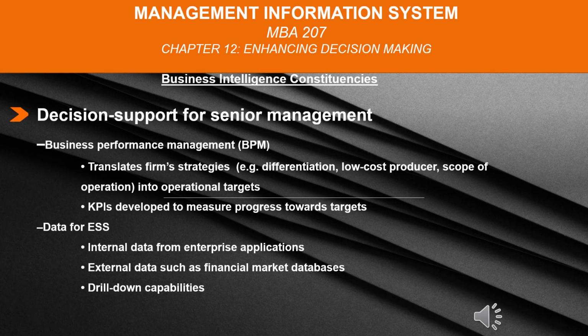Decision support for senior management also uses business performance management and data for ESS, like internal data from enterprise applications, external data such as financial market databases, and drill-down capabilities.